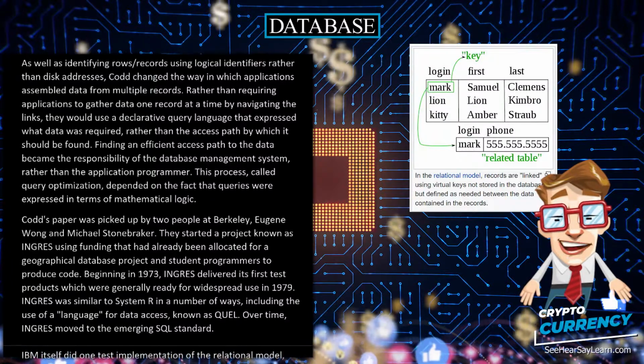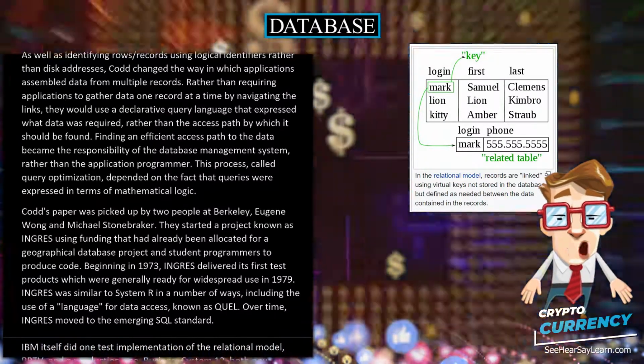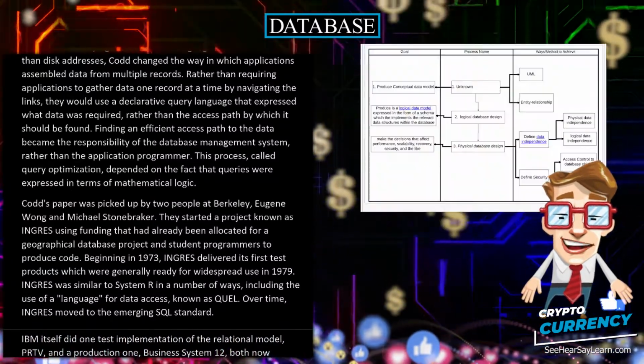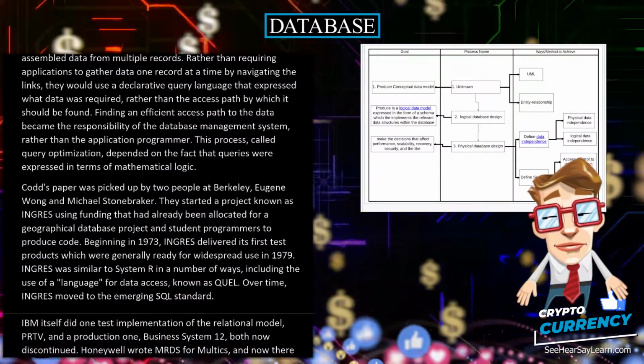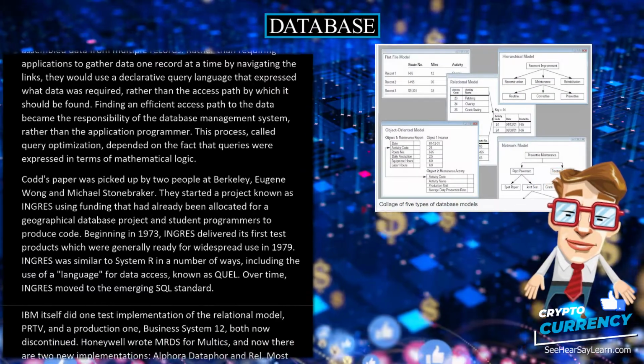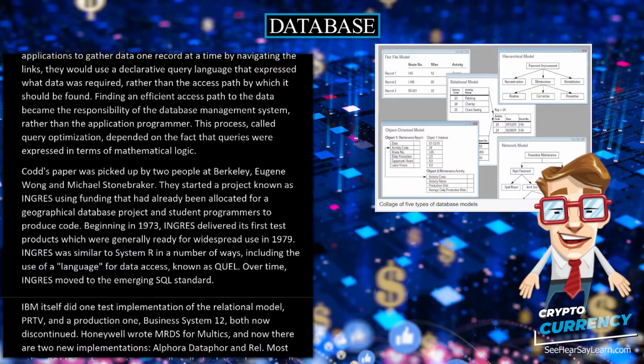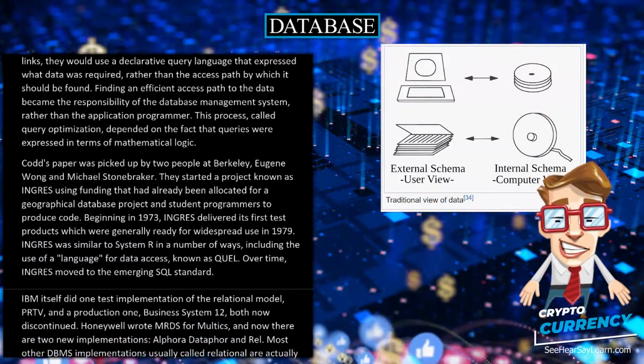Finding an efficient access path to the data became the responsibility of the database management system, rather than the application programmer. This process, called query optimization, depended on the fact that queries were expressed in terms of mathematical logic.